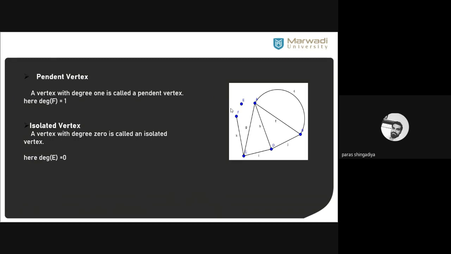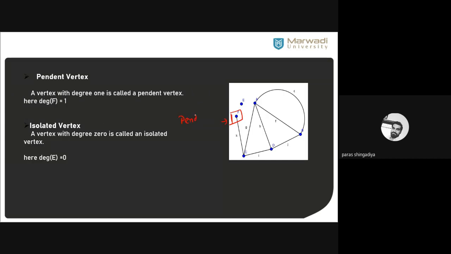Here is one situation with 6 vertices, and the degree of f is 1. Only one edge is connected with f, so this f is called the pendant vertex.